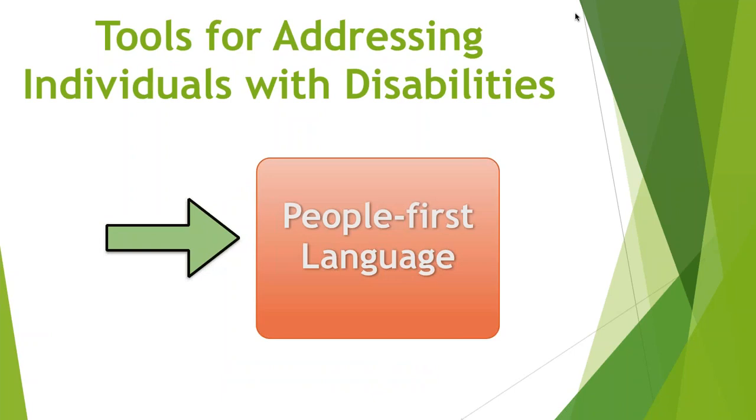So the first thing, this is a foundational tool, and it's using people first language, and I'm not sure, this may be an old concept for folks. It's been around for quite a while, but it's that idea that we want to talk about folks as people and then the characteristics that they have as a person with autism or a person with a visual disability or a person with Down syndrome or any other kind of difference that we're talking about.